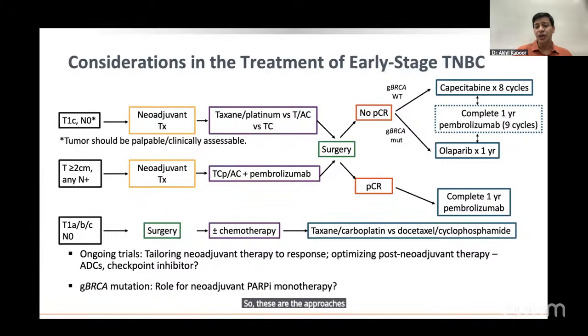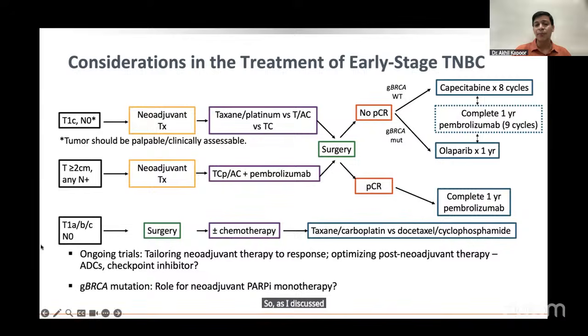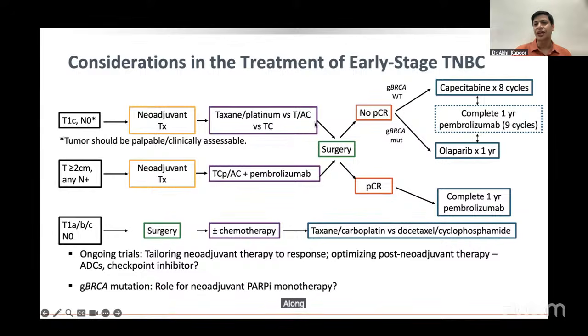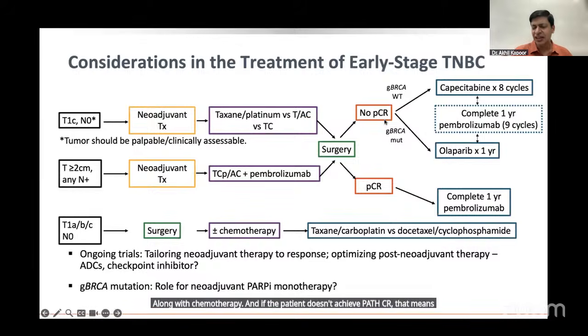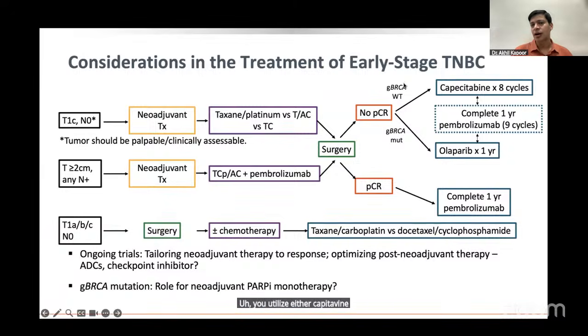And if you see, this is not only for metastatic cases, this has also come up for early stage cancers. As I discussed initially also briefly, immunotherapy is now approved even in the neoadjuvant setting, which means before surgery, along with chemotherapy. And if the patient doesn't achieve pathological complete response, that means the disease is still present in the surgical specimen, you utilize capecitabine if the patient is BRCA wild type.